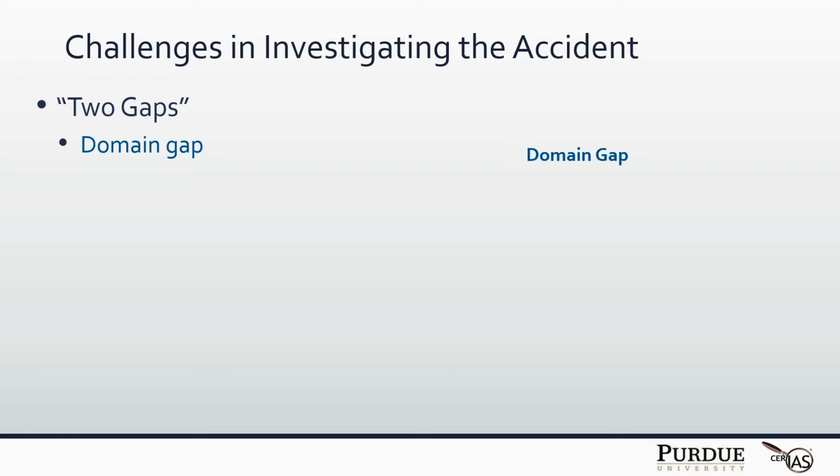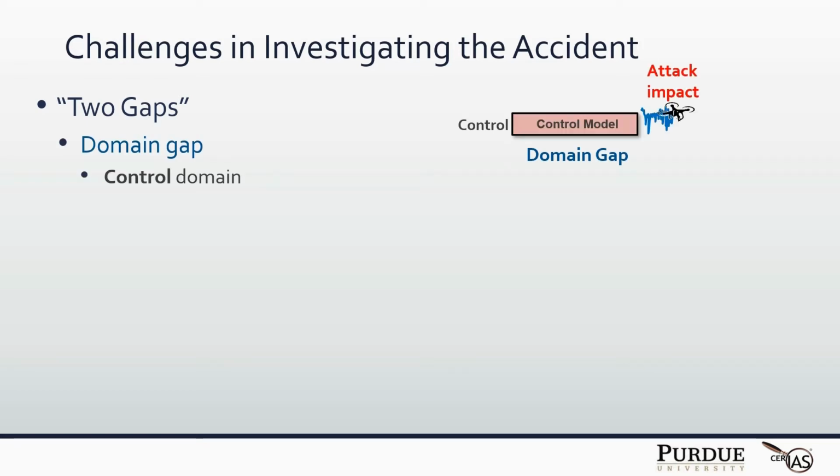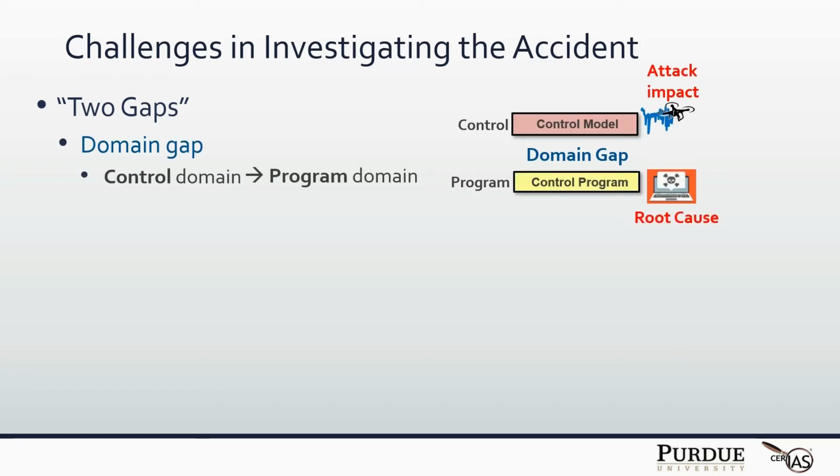First, there is a domain gap between the control and the program domains. There are control level logs for forensic analysis supported by major drone control software, but there are no program level logs. Even if program level logs are recorded, it is hard to trace the corrupted control state back to the program level bug.